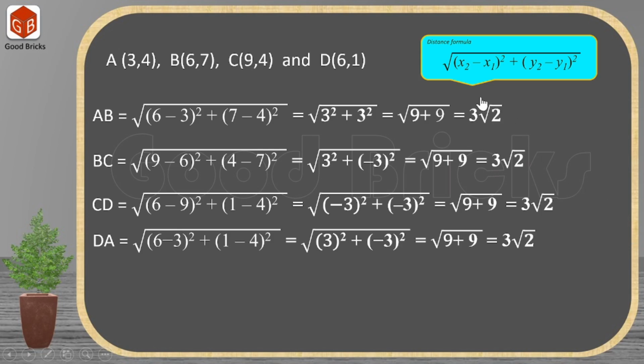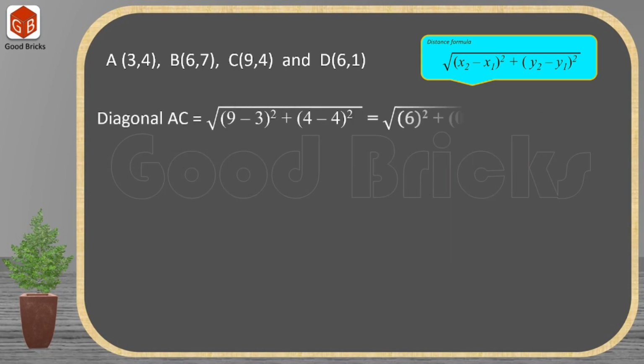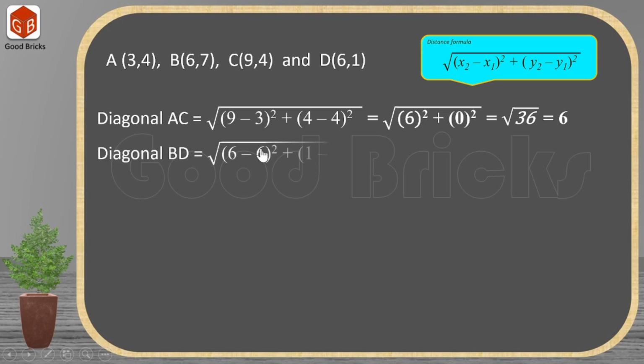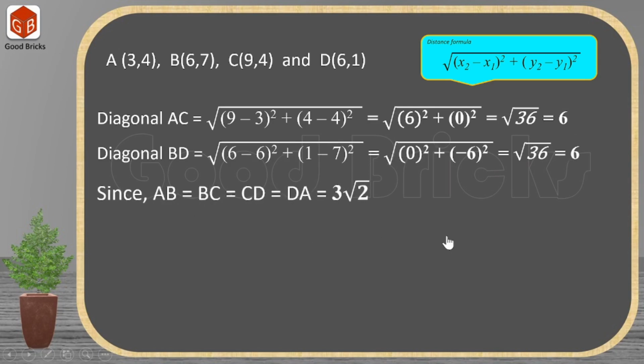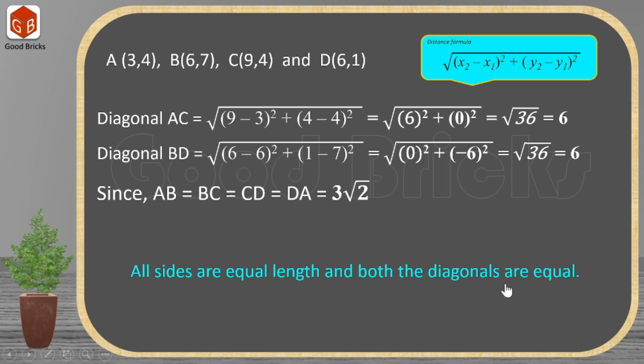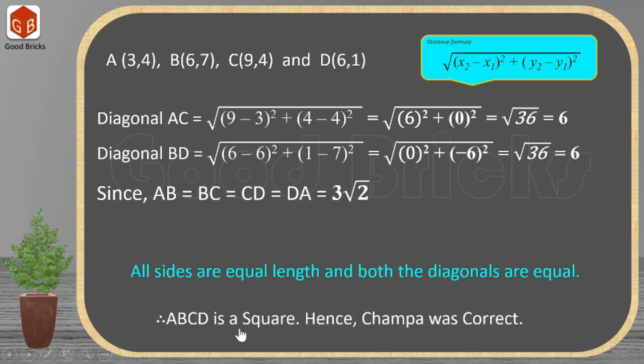When you look at these distances, all of them have the same length. Let us now find the distance of diagonals AC and BD. Now when you look at these diagonals, they are also equal. Since sides and diagonals are equal, we can say this ABCD is a square and Champa was correct.